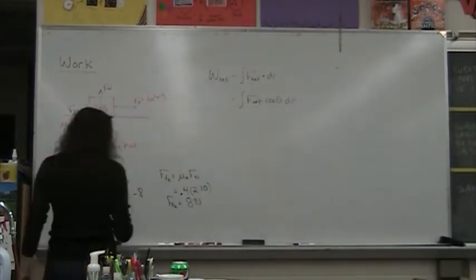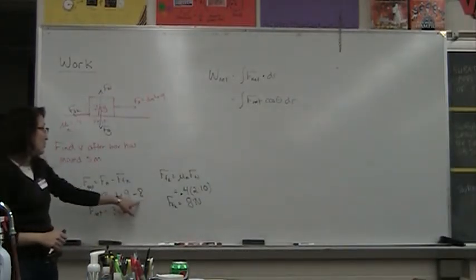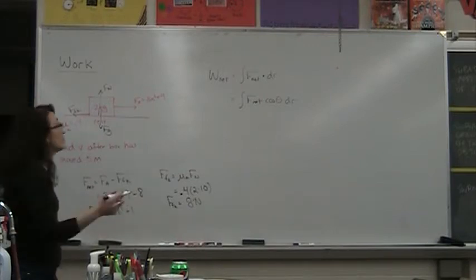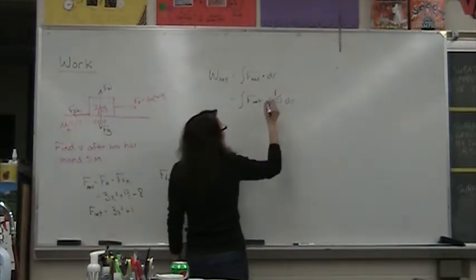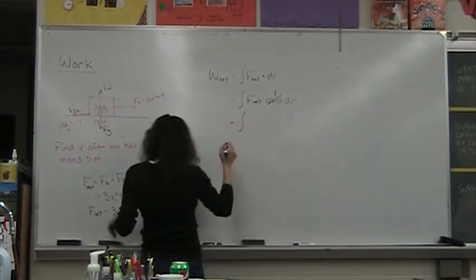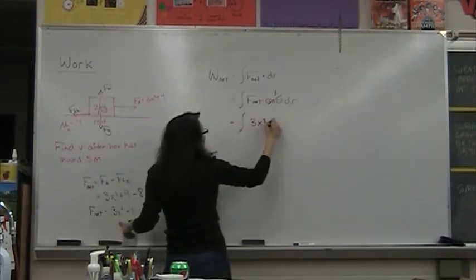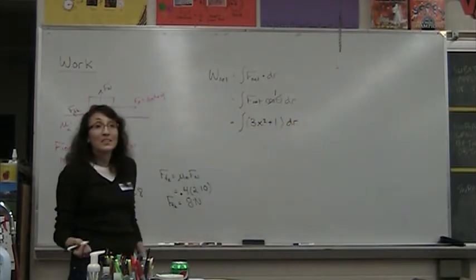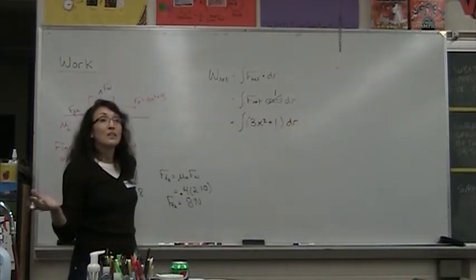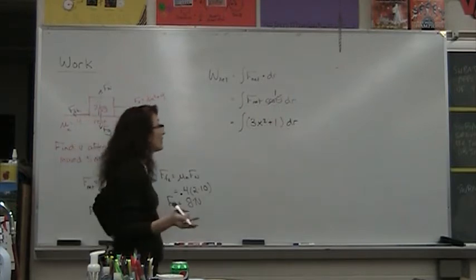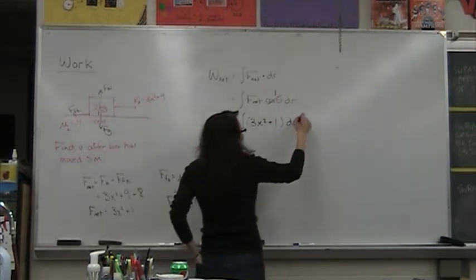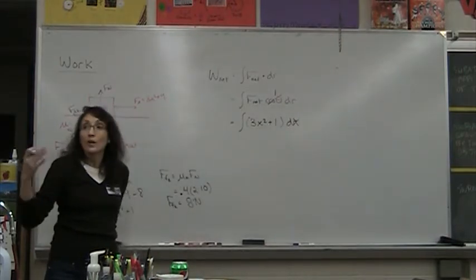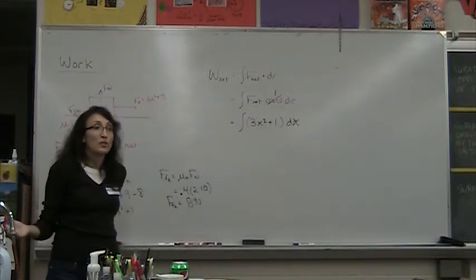We have to assume that since friction was smaller than the applied force alone, it's going to be cosine 0, like you said. So this becomes a 1, and we plug in 3x squared plus 1 dr. Do we care that the x and the r aren't matching? They're the same thing, so we'll just change this to a dx, because they're both just variables for position.